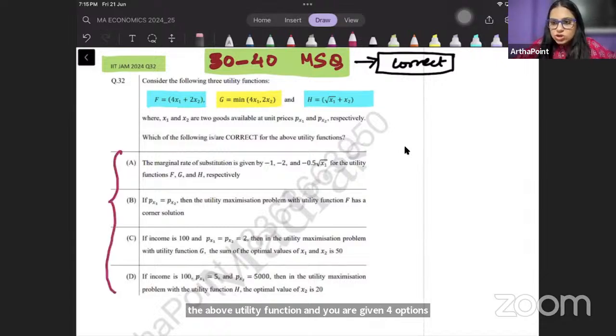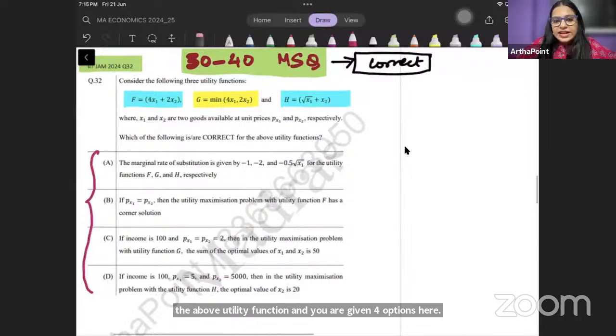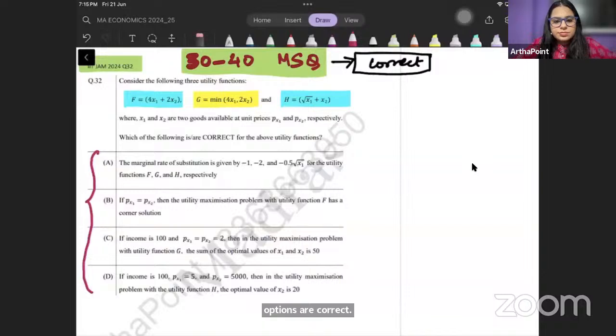Try to see each option one by one and tell me which options are correct. Start by looking at the first one. Find MRS of each function.